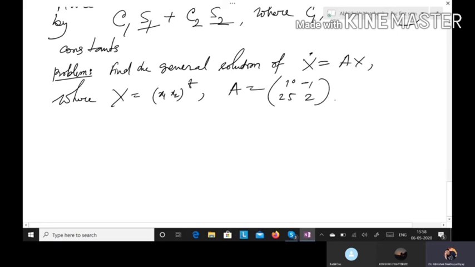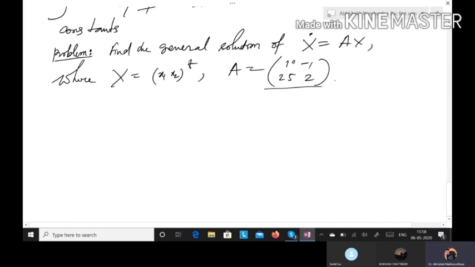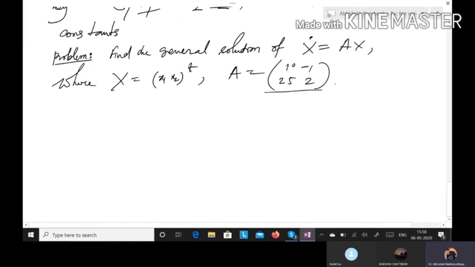So firstly, we need to calculate the characteristic equation. So what is the characteristic equation of this matrix?